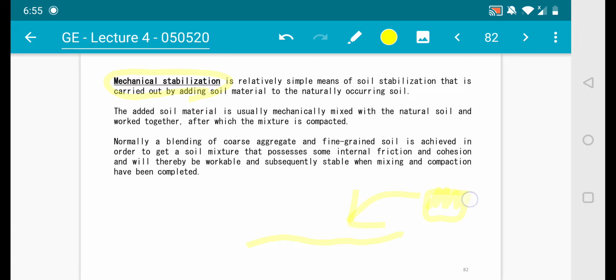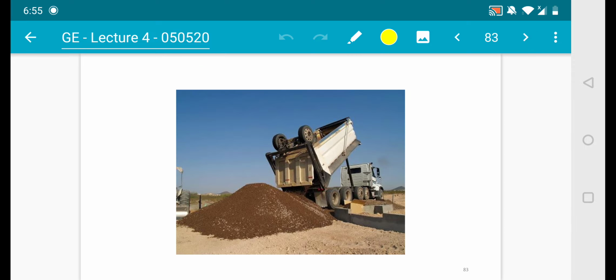Normally, a blending of coarse aggregate and fine-grained soil is achieved in order to get a soil mixture that possesses some internal friction and cohesion and will thereby be workable and subsequently stable when mixing and compaction has been completed. So you prepare this, dump it at site, and compact again.